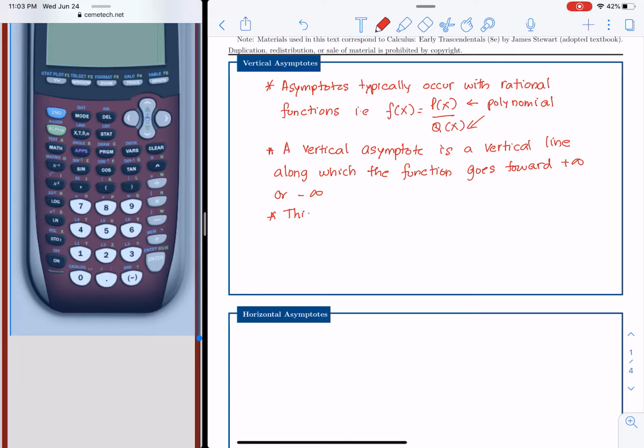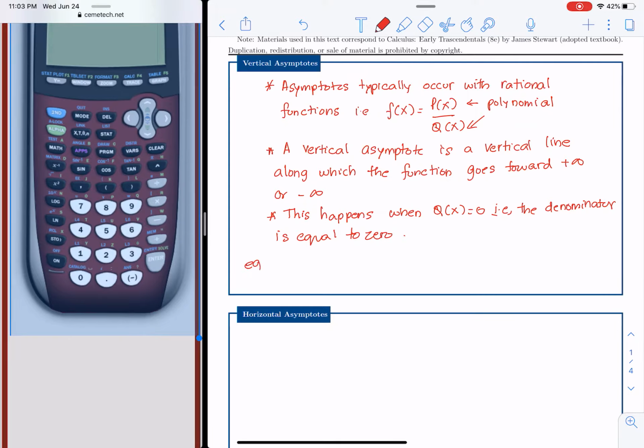This happens when q of x equals 0, i.e. the denominator is equal to 0.